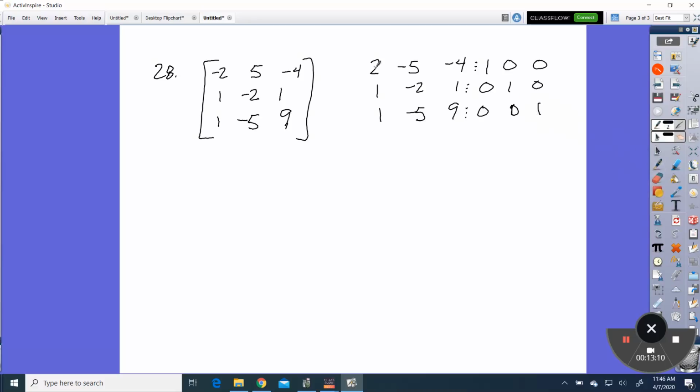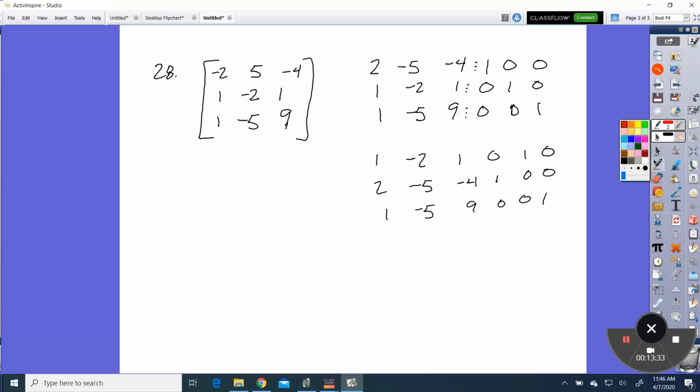And now you do all of the row operations. Okay, so I'm going to swap rows. So I'd have 1, -2, 1, 0, 1, 0, 2, -5, -4, 1, 0, 0, 1, -5, 9, 0, 0, 1.